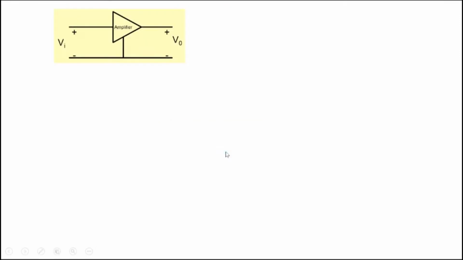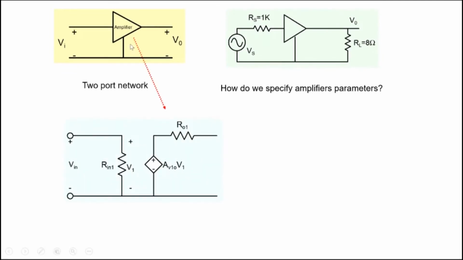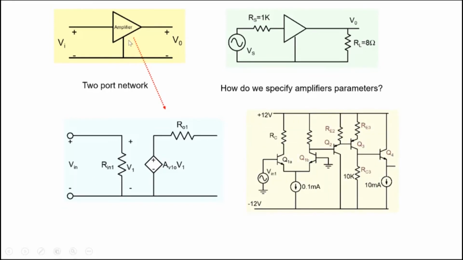So okay, let's go forward. Similarly, amplifiers also, we could represent in this particular form here. This amplifier that you see here could be represented by a resistor here, which we call the input resistance, a dependent voltage source, and another resistor here, which we call the output resistance. So this is also an example of a 2-port network with one terminal which is common to both the input and the output ports here. And note that the amplifier here can be quite complex.